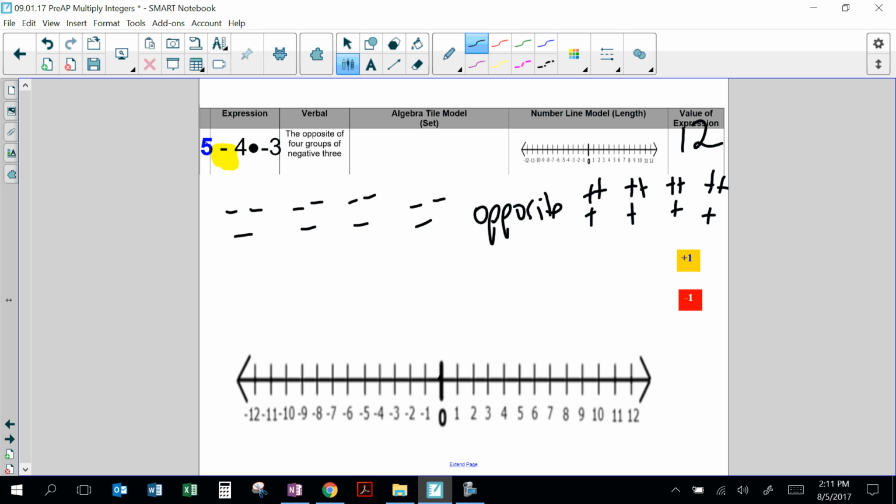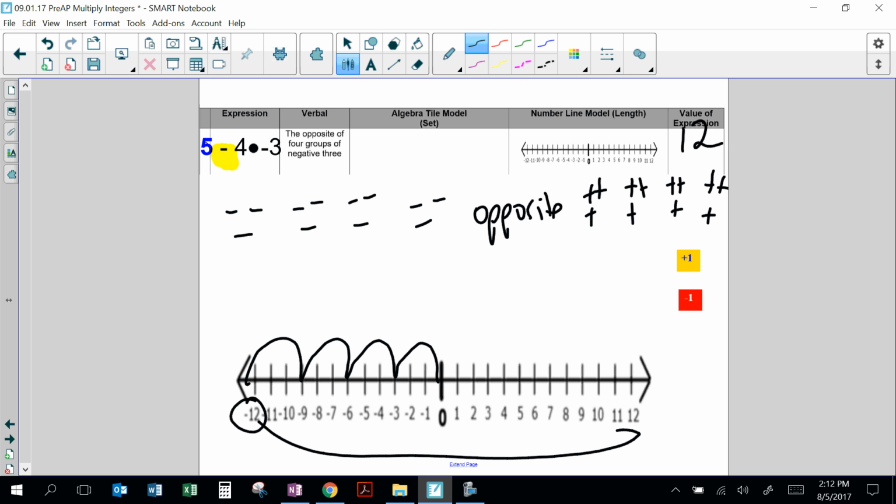So 3, 6, 9, 12. What's on the, wait, let me do it again. It says 4 groups of -3, opposite. 4 groups of -3, -3, -3, -3. What's on the opposite side? 12.